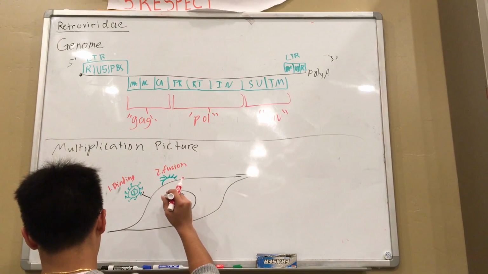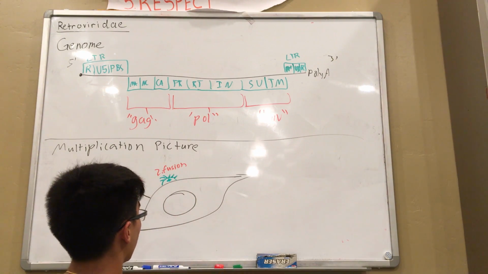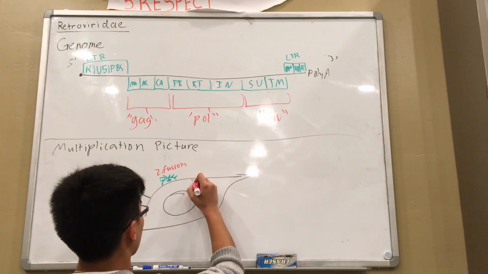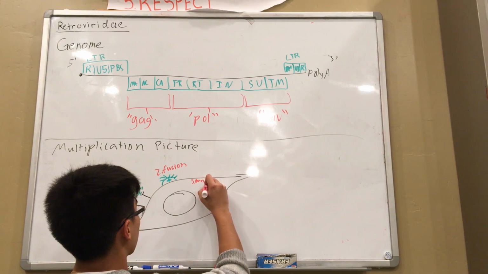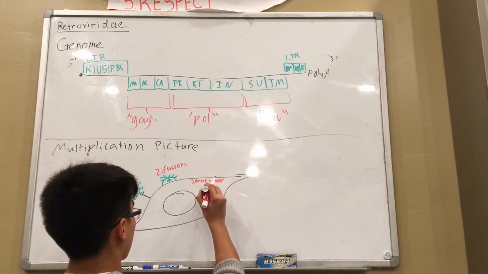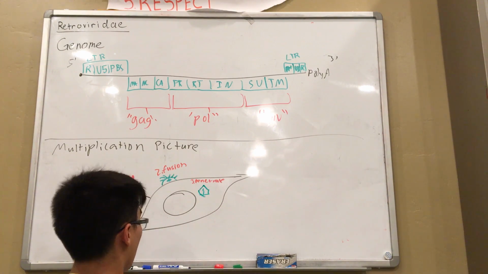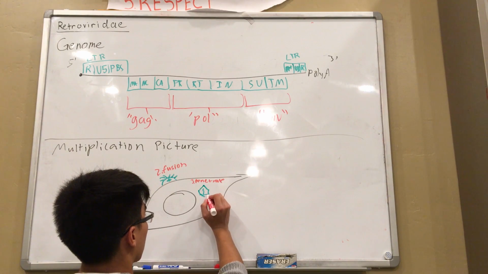It's actually a picture taken out of the textbook. There's a little nucleocapsid that fully penetrates. Penetration and uncoating. So now you just have the nucleocapsid, or a capsid with the genome.